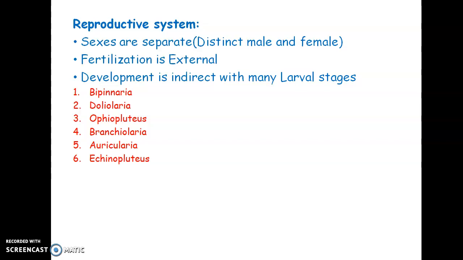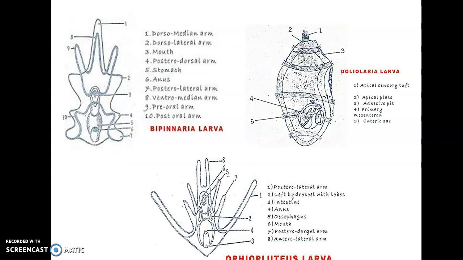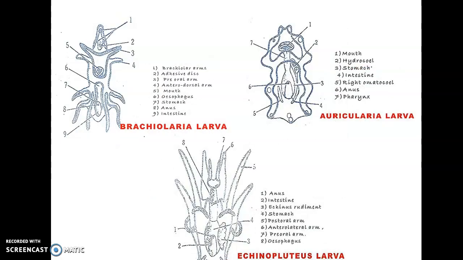A lot of intermediate larval stages are found during the development of this particular organism, and about six different types of larval stages are generally seen in different organisms coming under this phylum Echinodermata, and they are Bipinnaria larvae, Doliolaria larvae, Ophiopluteus larvae, Brachiolaria larvae, Auricularia larvae, and Echinopluteus larvae.